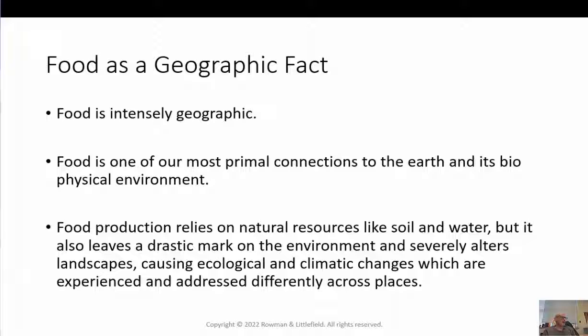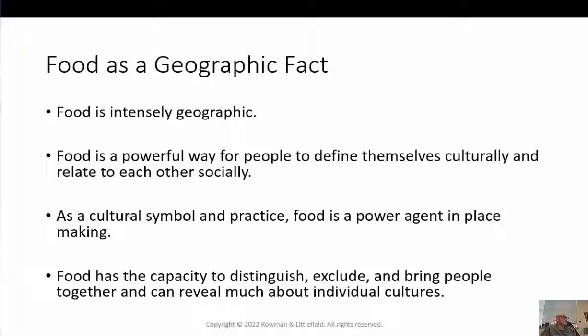In the first couple of exercises, we'll be looking at our local food environment in North Carolina. And it's our connections to the earth and the biophysical environment. So it relies on natural resources like soil and water, but more importantly, good soil, healthy water, and healthy air, but it leaves a drastic mark on the environment and severely alters landscapes, causing ecological and climatic changes which are experienced and addressed differently across place and space, and also in how we respond to these.